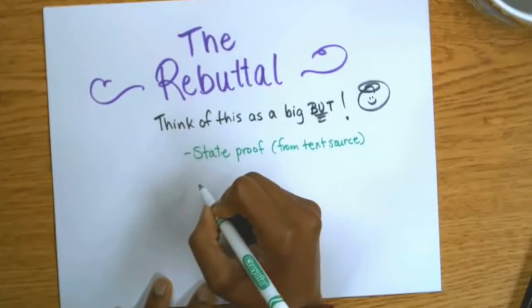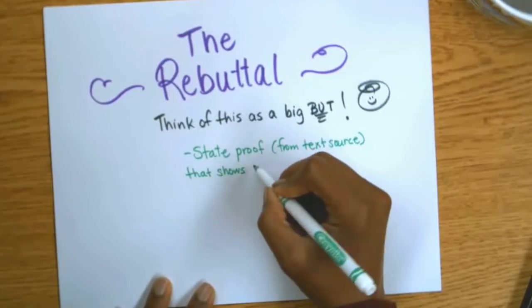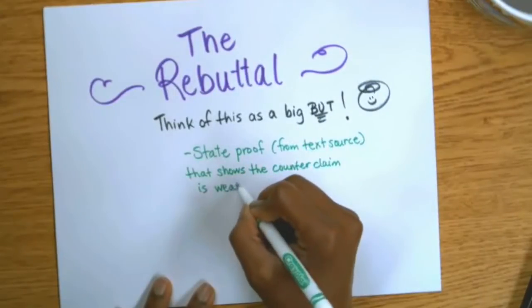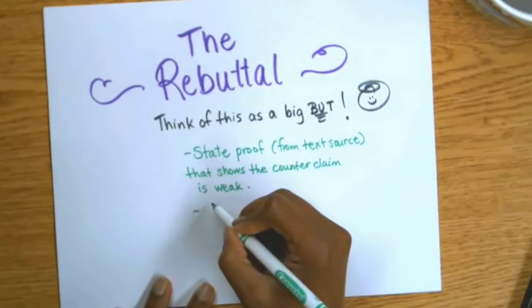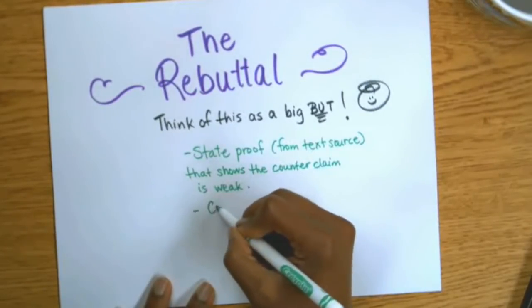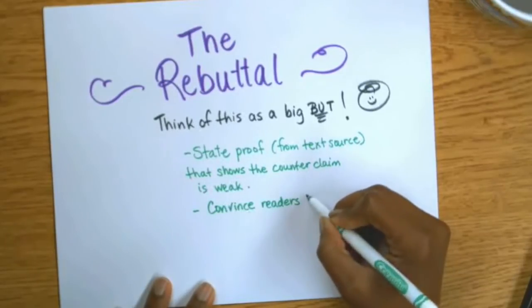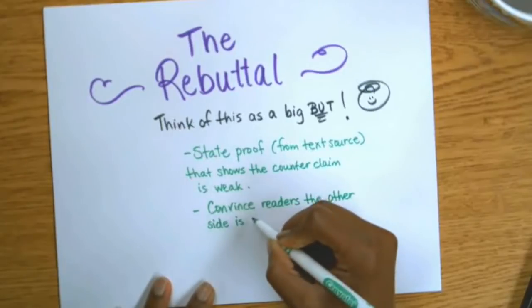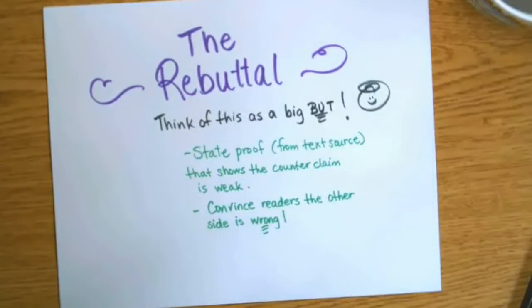So you can say it's weaker, that's fine, but you're still going to have to provide some different text support to show that it is weaker. Not just your word for it, but now you give some text reference, some research reference to back you up. Basically, you want to convince readers that the other side is wrong, not just because you said it, but because you proved it. That's what the rebuttal is for.